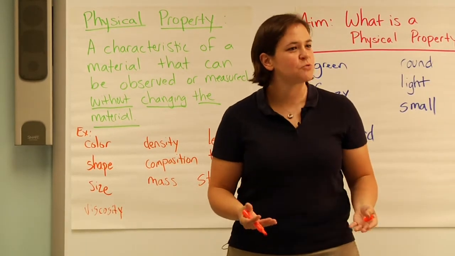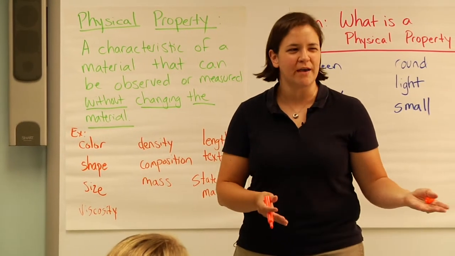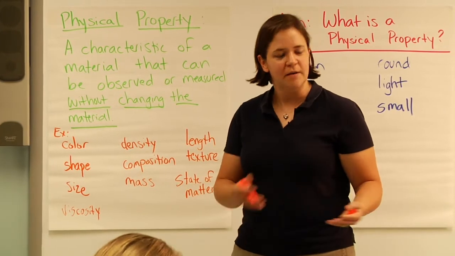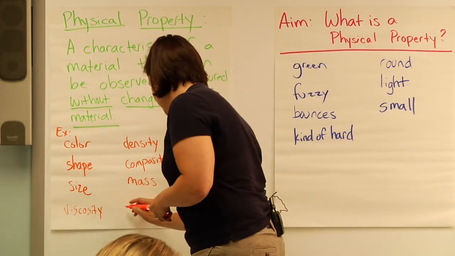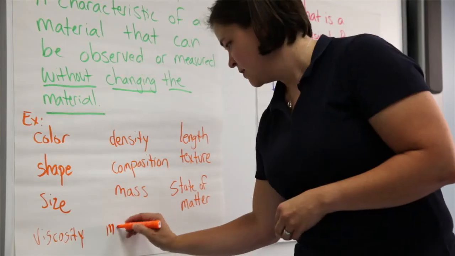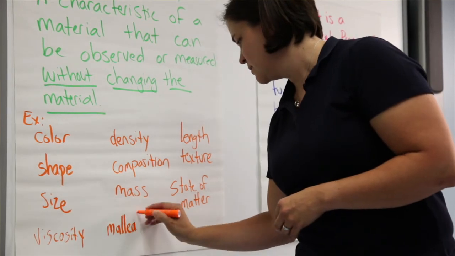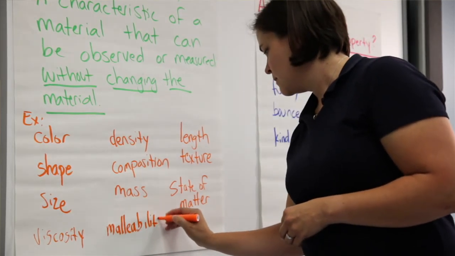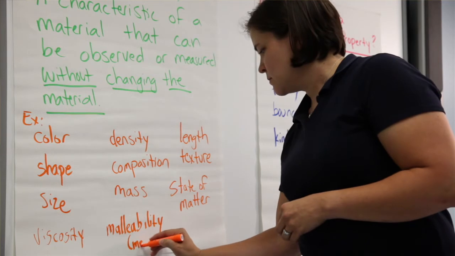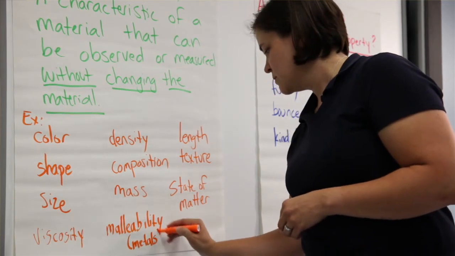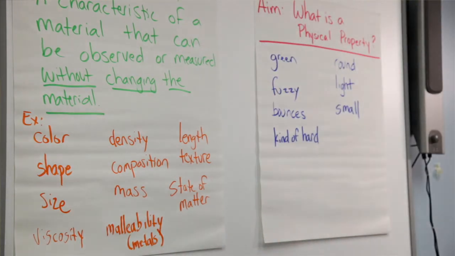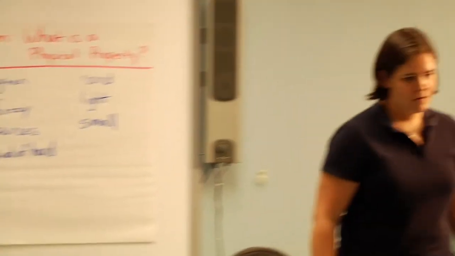Malleability is the actual word that you use with the metals, but pliability is pretty much the same thing and can be used for a broader category. So I'm going to put malleability. But that's only for metals. Metals also have their luster, whereas other objects don't have that. So that's whether it's shiny or dull.